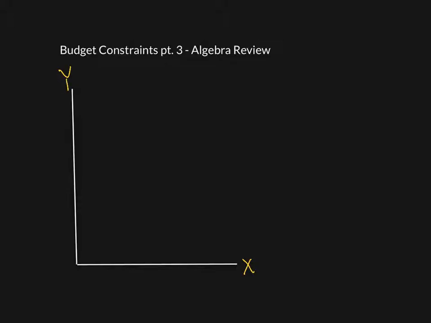So the budget constraint, if it's a simple situation, will just be a straight line. So let's say we have $20 a month to spend on two goods, and the price of good X is equal to $5 a month, and the price of good Y is equal to, let's call it, $2 a month.